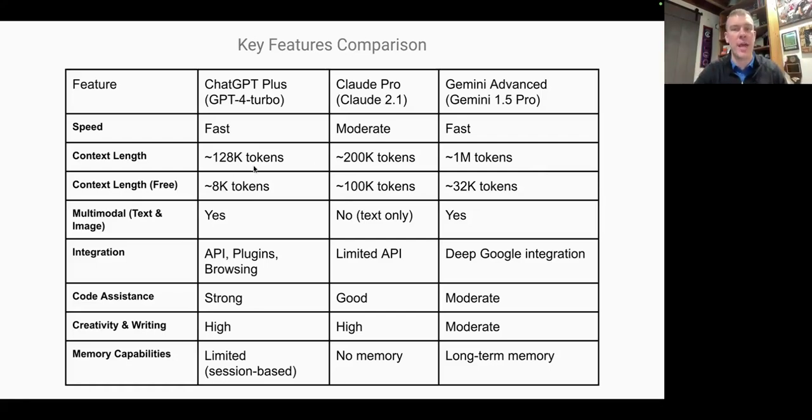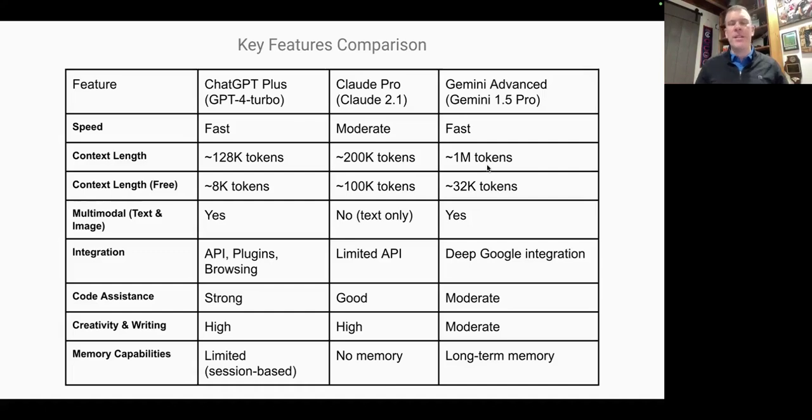Whereas ChatGPT can do that, but not near. We're talking 1 million versus 128,000. So ChatGPT can experience large amounts of text, but not near the vast amount of text and information that Gemini can. So if you are in the business of big time data analyzation, then Gemini Advanced might be the one for you.